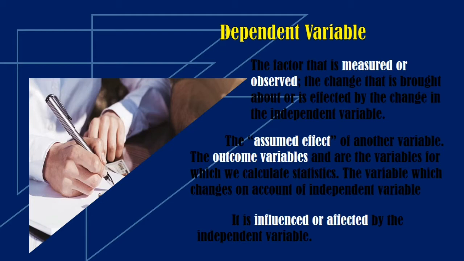So in short, the dependent variable is the assumed effect of another variable, or it is the outcome variable, the variable for which we calculate statistics. It is the variable that changes on account of the independent variable, or it is the variable which is influenced or affected by your independent variable.